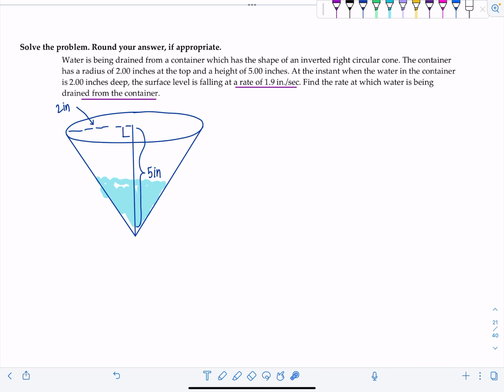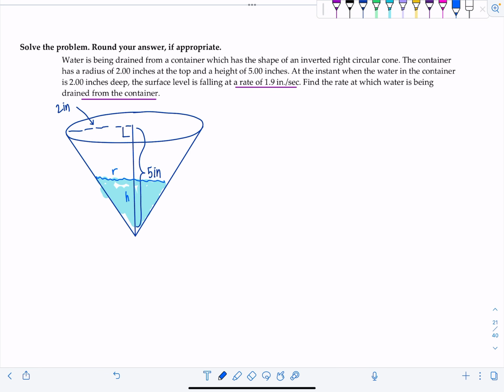I'm gonna label at any arbitrary moment in time where the water is, and say that the water level, I'll just call it H, and then this radius is R. Both of those change. When it's all the way full, the radius is 2 and the height is 5.